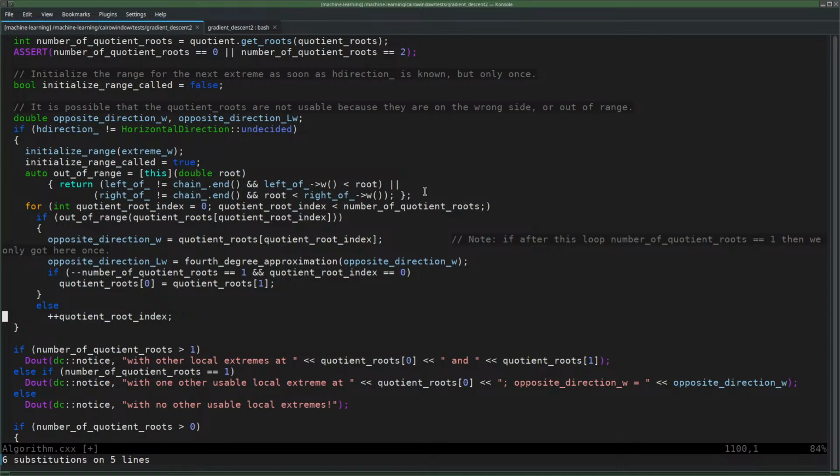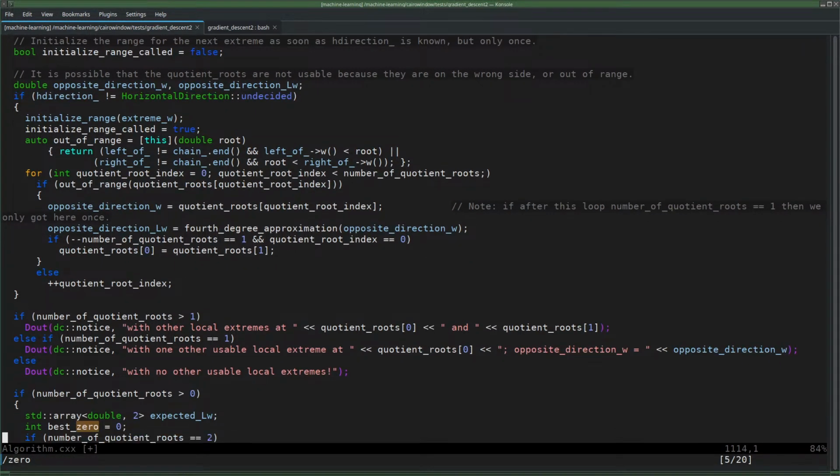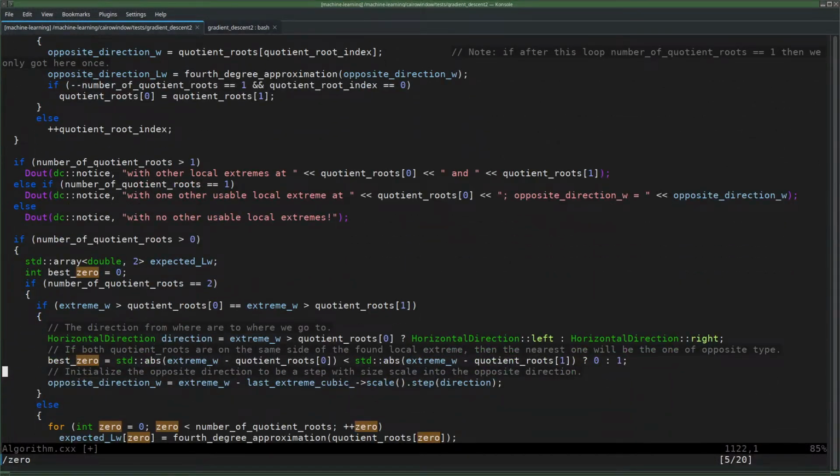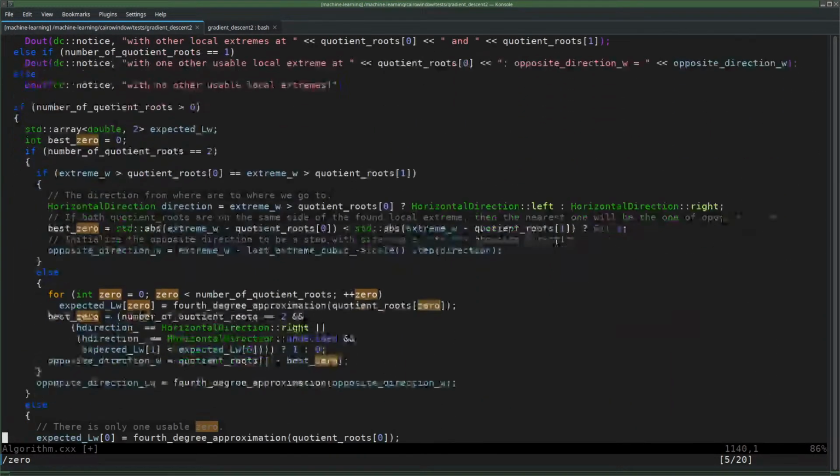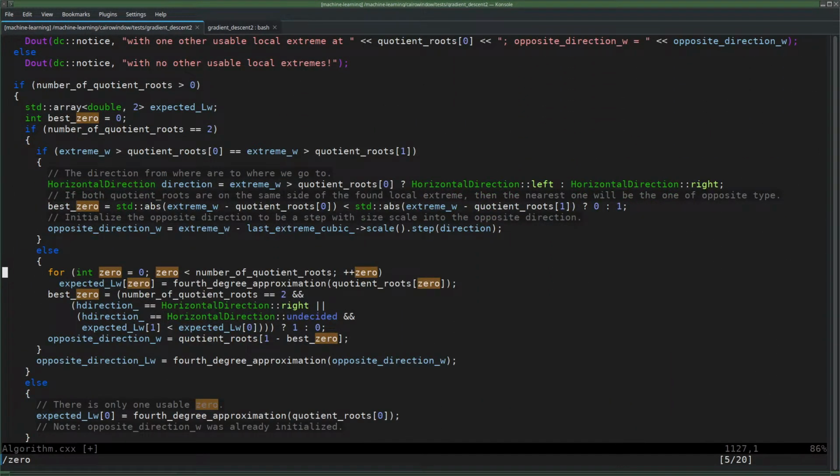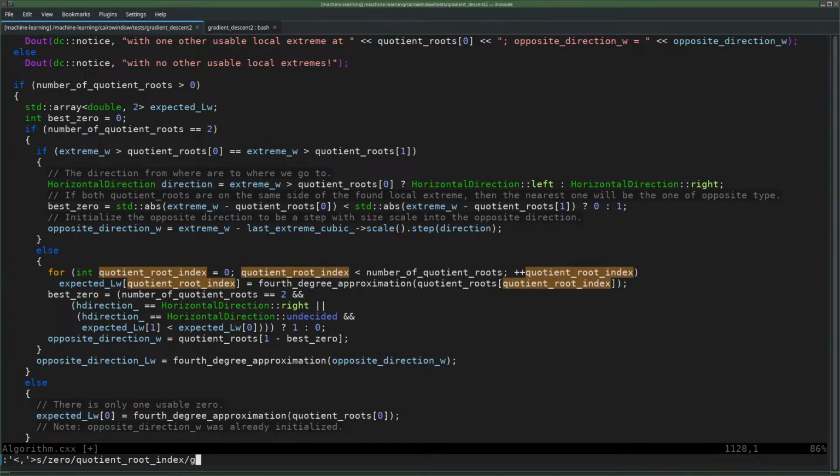Too close together. It's not all set in stone. Best 0. Now here we do the same thing again, so this must definitely be the same name, because it's really the exact same meaning as the other one. So it's the loop from 0 to the number of quotient roots.